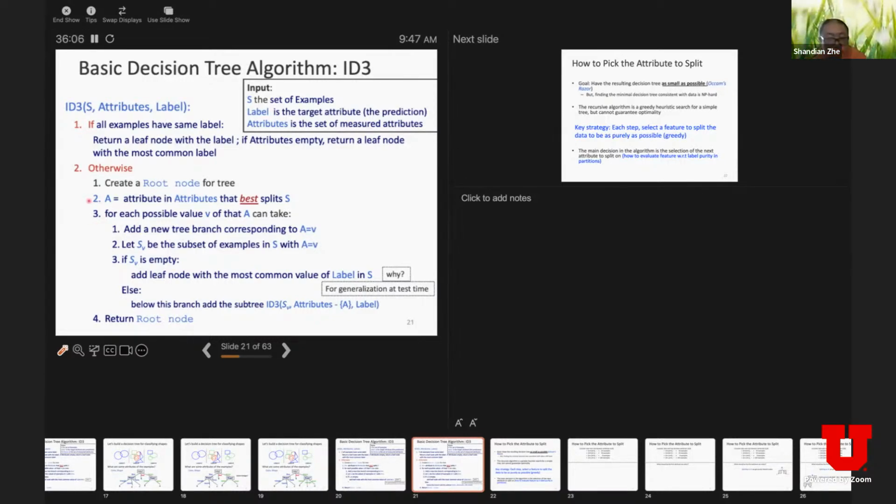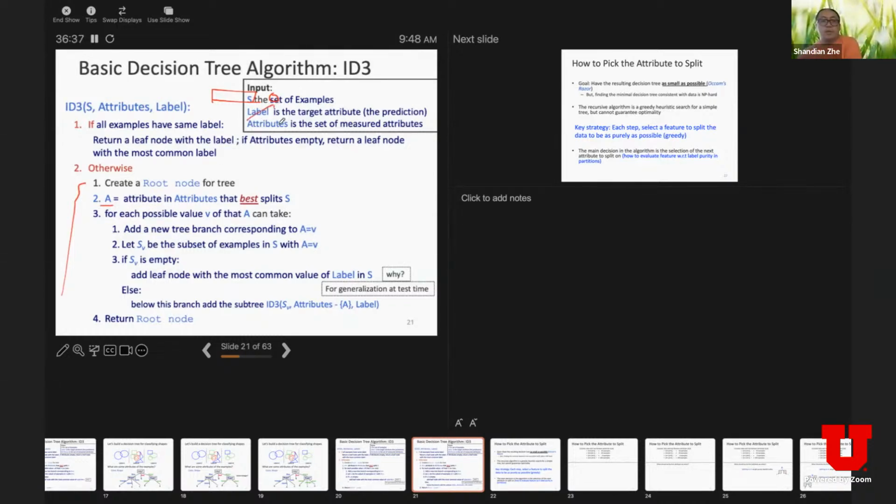I want to conceptually draw the procedure to give you a sense of how this algorithm will run. Imagine at the beginning I use a rectangle to represent the current data set. This is the whole data set. When you call ID3 with the full data set and full attribute list, it goes through this part, and then according to the attribute set, you pick the most useful or optimal attribute to split the data set.